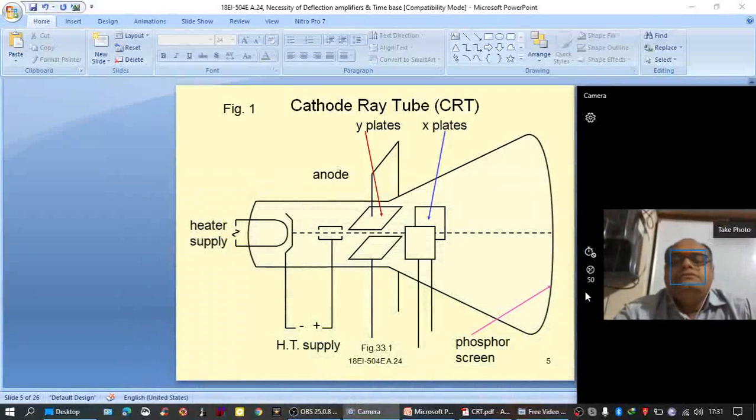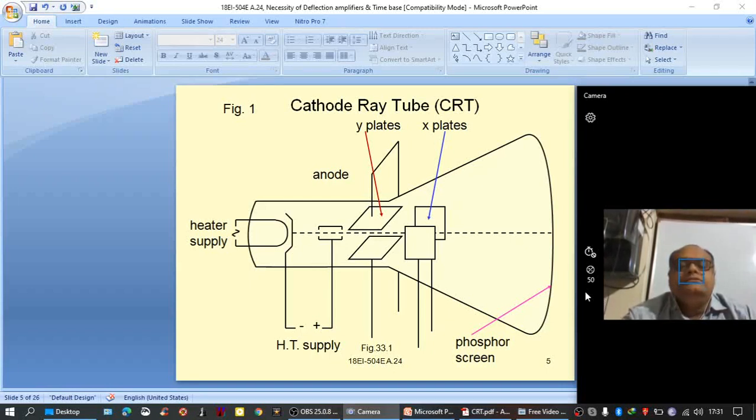During the negative half cycle of the vertical input voltage, the electron beam starts moving down because the lower plate would be positive with respect to the upper plate.